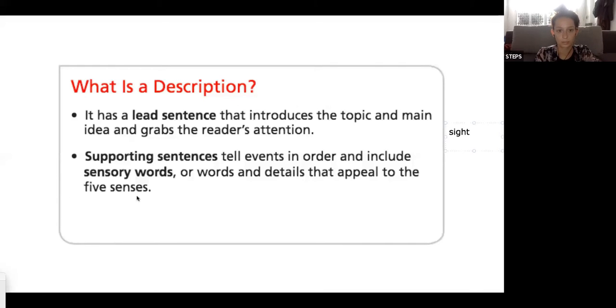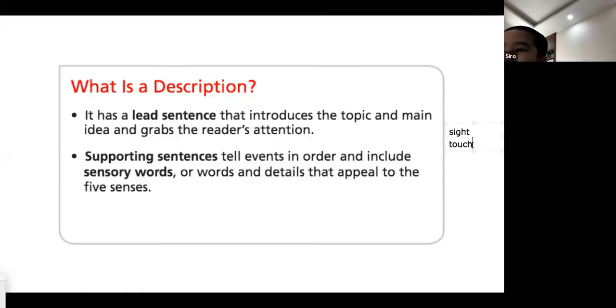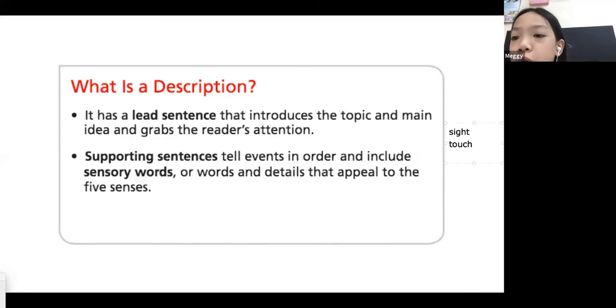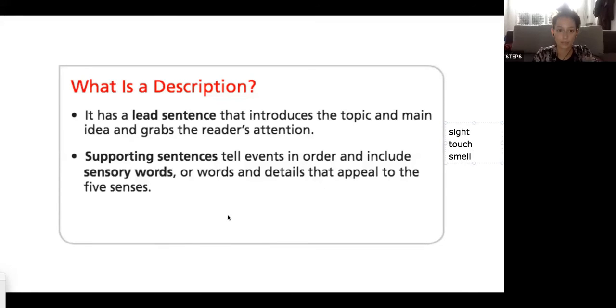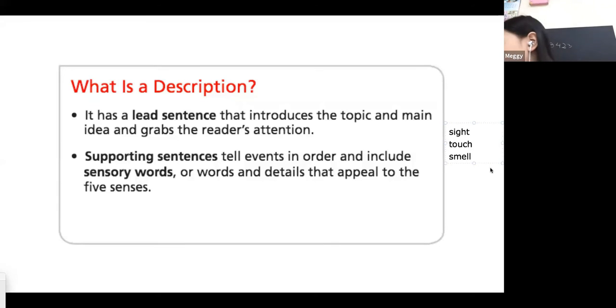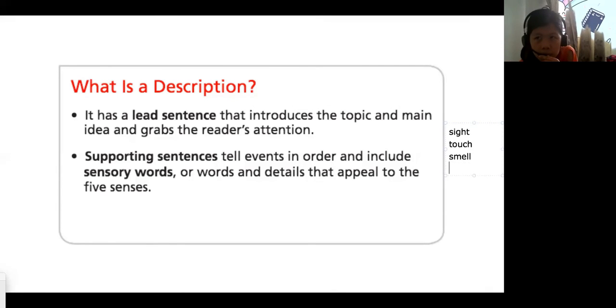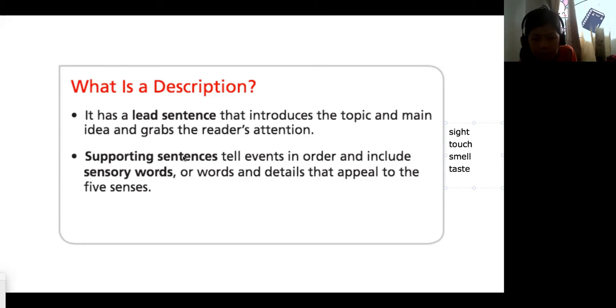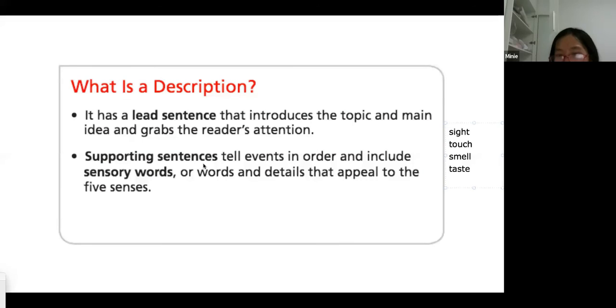Touch. Good job. What's another sense that we know of, Maggie? Smell. Good job. Ming-Cho, what's another sense? Taste. Good job. And the last one, Minnie? Hearing. Good job.